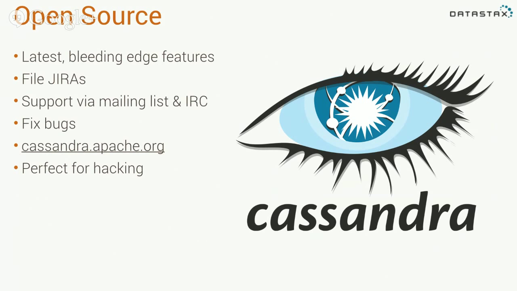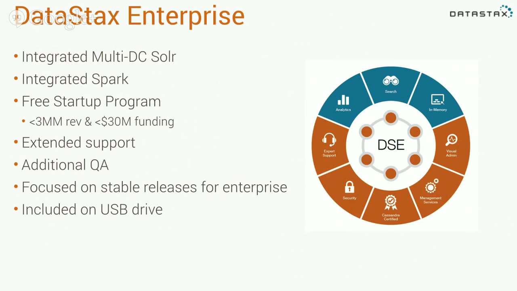If you're more interested in sitting back, buying something, getting support and an SLA, then DSE is probably the route you'd want to take. It's battle tested. We put this thing through hundreds or thousands of hours of QA. It trails behind the latest release because it's just more stable.